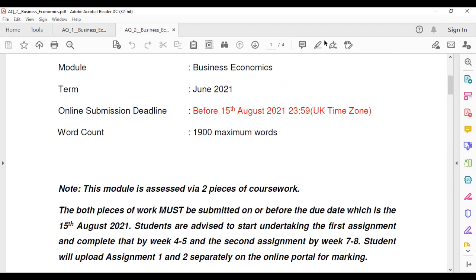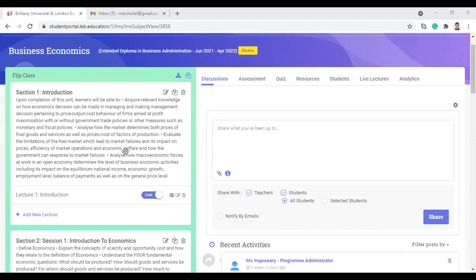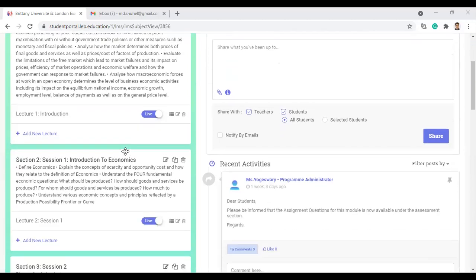Now let's move into your student portal, to see how you can access all the resources for this assignment. So this is your student portal where you can get all the resources to answer this assignment.